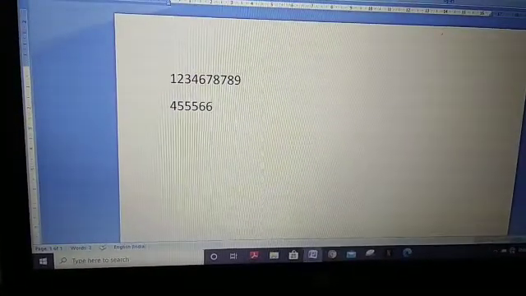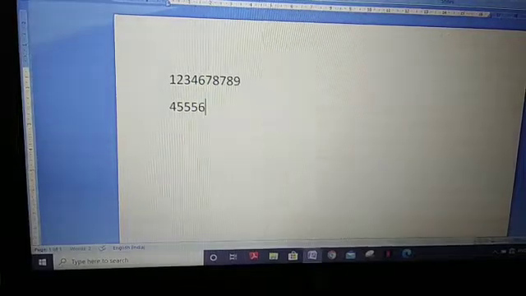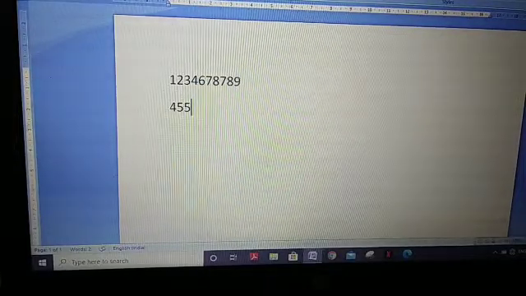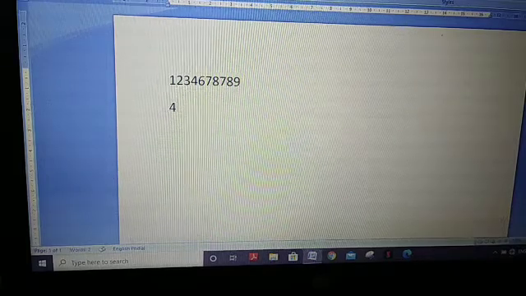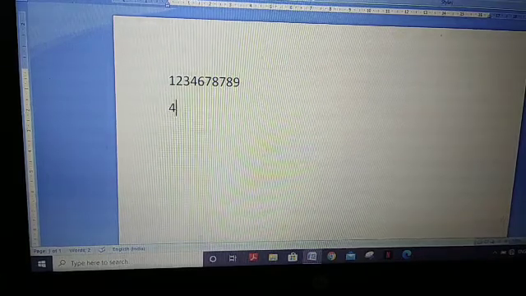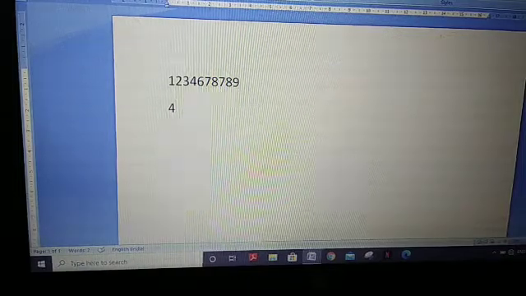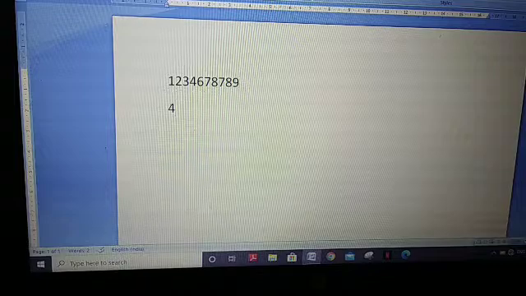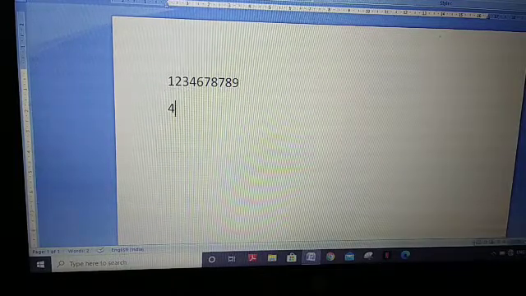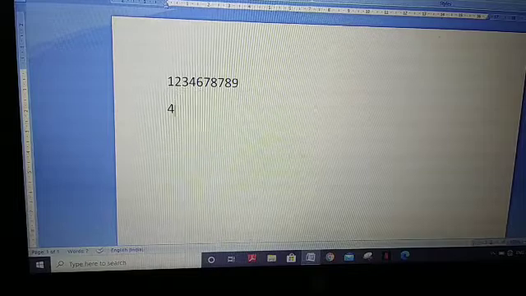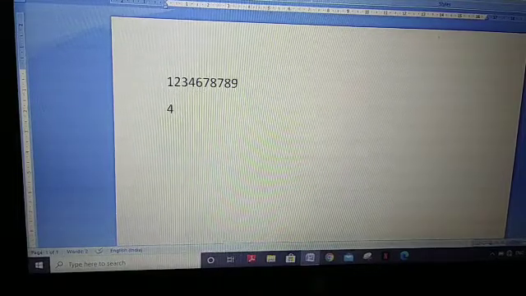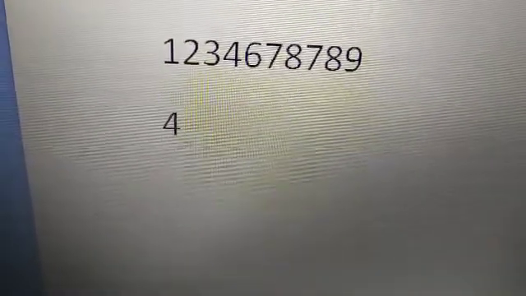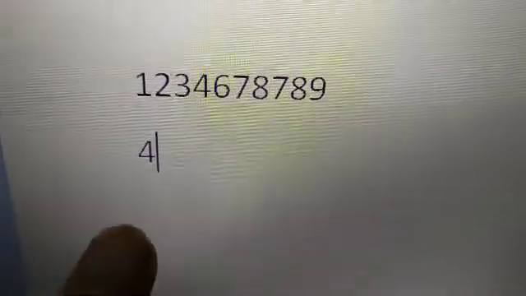Now you see, when I press Backspace, all the numbers will be erased one by one. The Backspace key erases characters on the left side of the cursor. So what is the cursor? Here on the screen there is a black blinking line. This line is called the cursor.